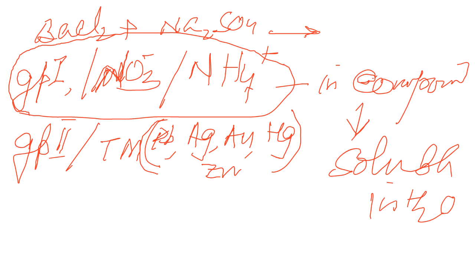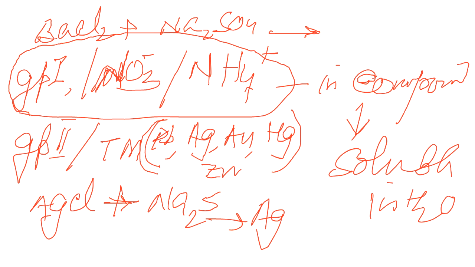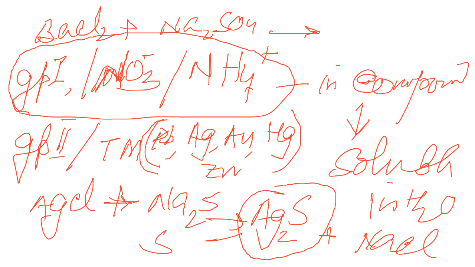If they are present in the compound, just like we have silver chloride plus sodium sulfide, you will get silver sulfide plus NaCl. So now silver sulfide is formed here. This is solid. You memorize this. Just only lead, silver, Au, mercury. If you find this in any compound, then you can say, sir, this compound is a solid formation.